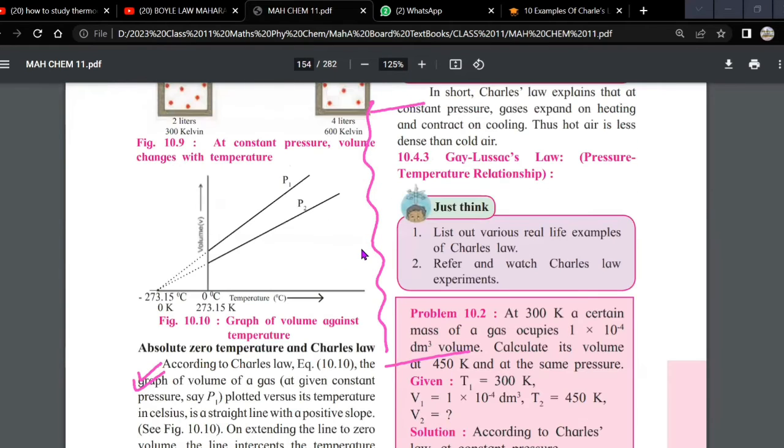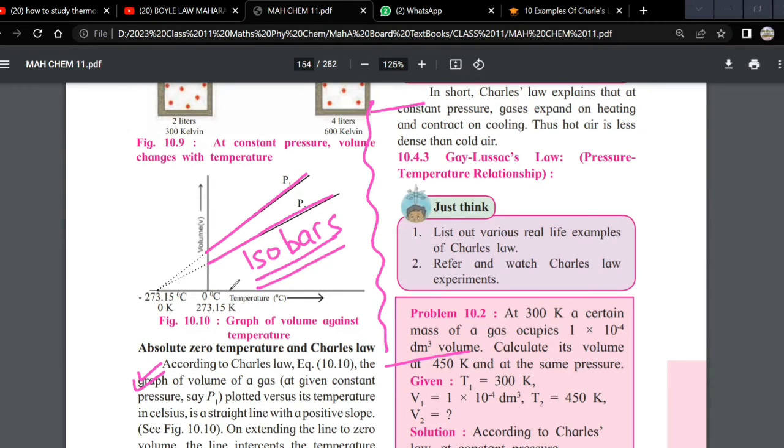And this is the graphical representation. Basically, in the graphical representation, you only have to remember one thing, you can note down this word: these are, in this line the pressure is constant, in this line the pressure is constant. These are called isobars. Just note this word, isobars.